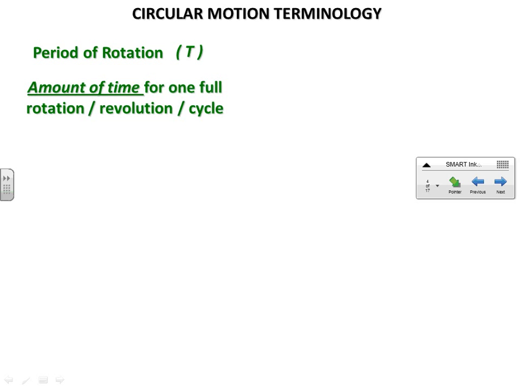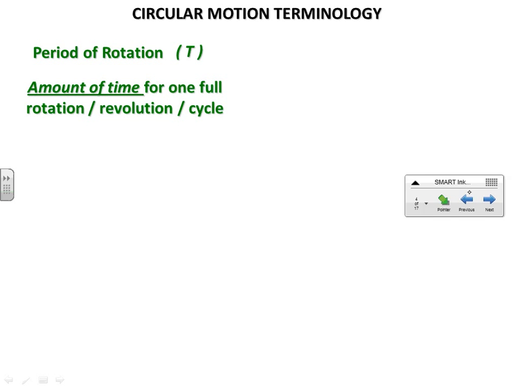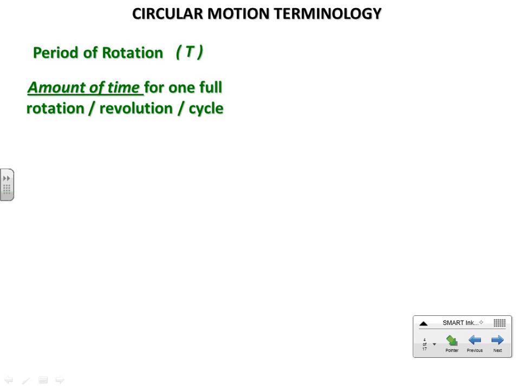All right. Some terminology we need to be comfortable with for circular motion stuff. There are two big ideas. One is what we call the period of rotation, and we abbreviate period with a capital T because it is an amount of time.